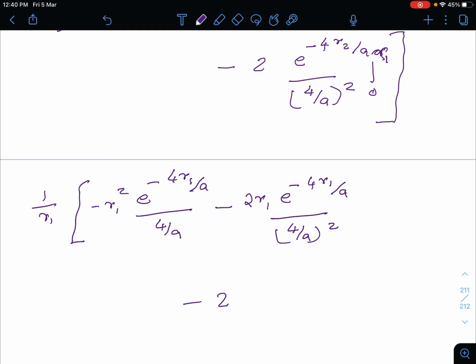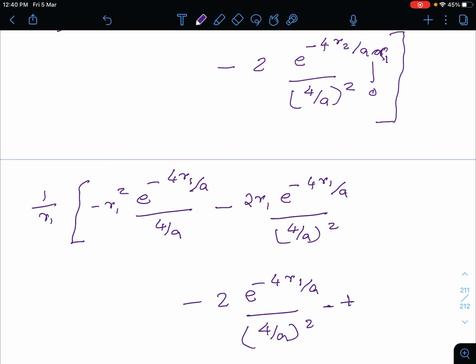Okay, so minus 2. So what is r1? e raised to minus 4 r1 divided by a divided by 4 by a whole square minus minus, so that becomes plus. So the lower limit here becomes 0 because there is no r term.